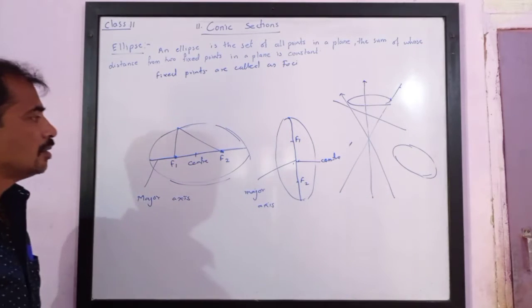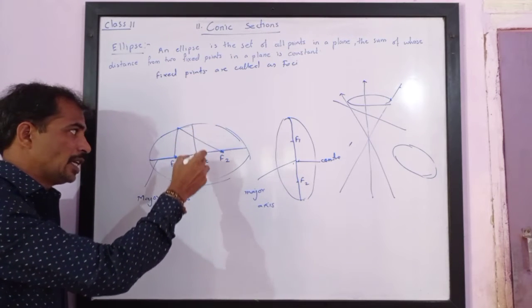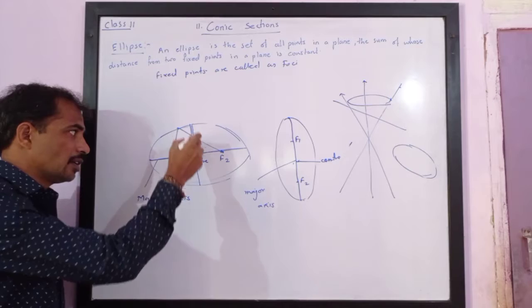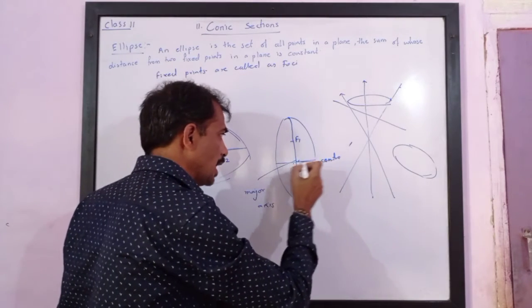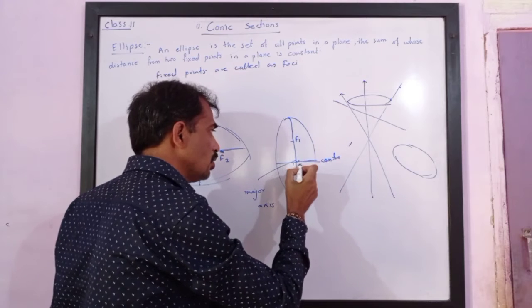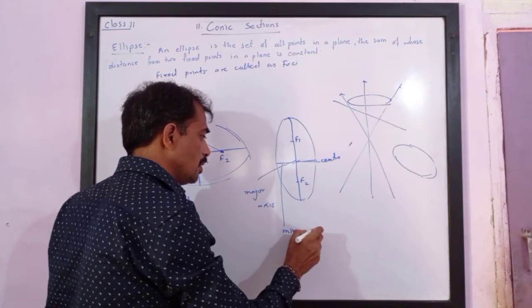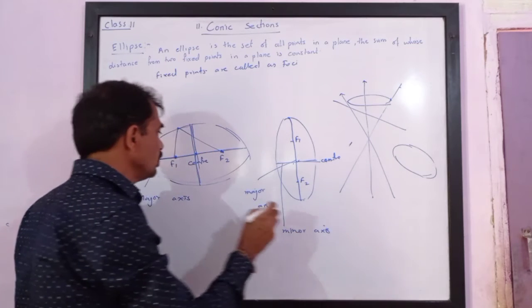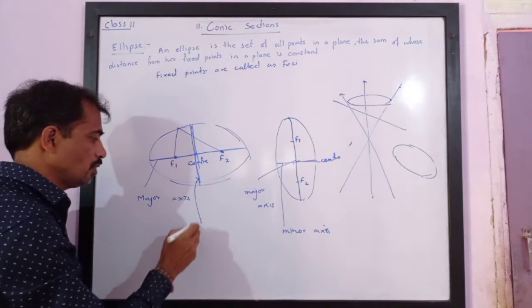Please note again, the segment perpendicular to the major axis and passing through the center is called the minor axis. Minor axis, which is perpendicular to the major axis and passes through the center.